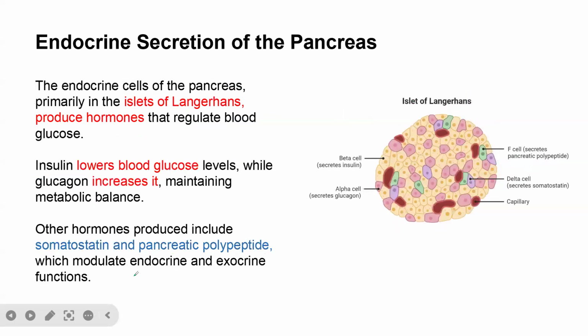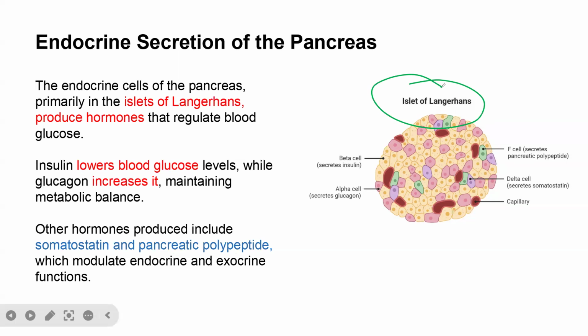The endocrine cells of the pancreas, primarily in the islets of Langerhans, produce hormones that regulate glucose. So as you can see, this is the islet. And in this islet, we have different types of cells because they are a group of specialized cells.